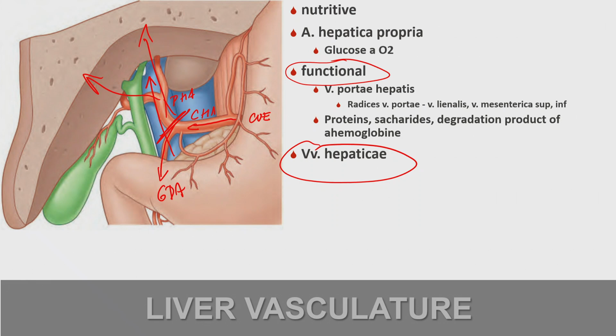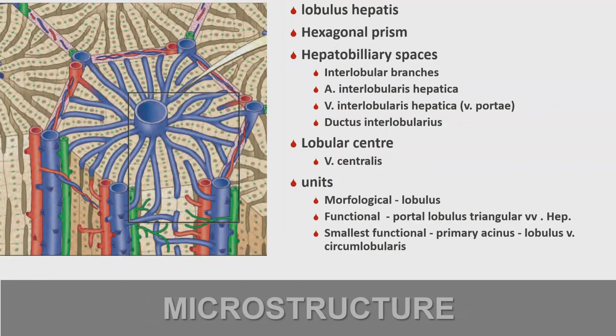The nutritive system is made by the proper hepatic artery. You will meet the structure of the liver multiple times in the future in other specialties, especially in histology and physiology, and also in pathology, because there are many critical points where pathological situations could occur.